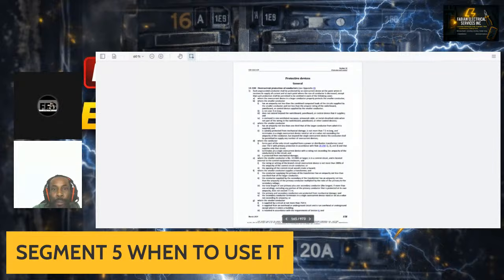It tells you to go to Appendix B. However, I'm not going to go over to Appendix B. It says each underground conductor shall be protected by an overcurrent device at the point where it receives its supply of current, and at each point where the size of conductors is decreased, except that such protection shall be permitted to be omitted in each of the following cases.